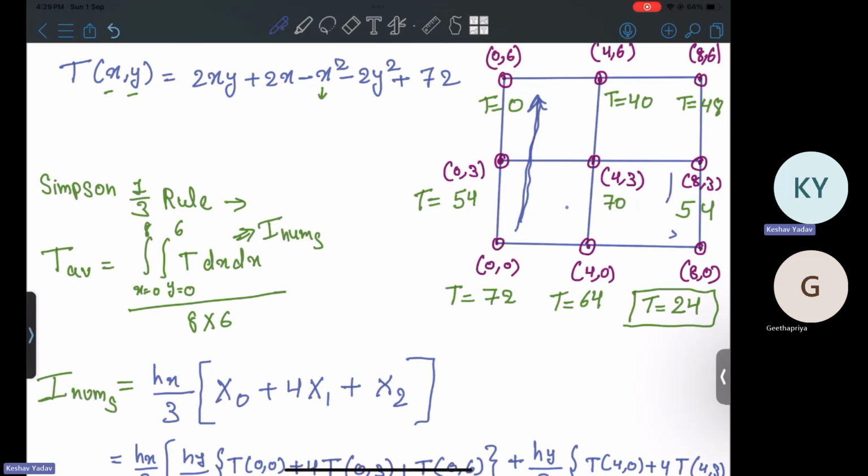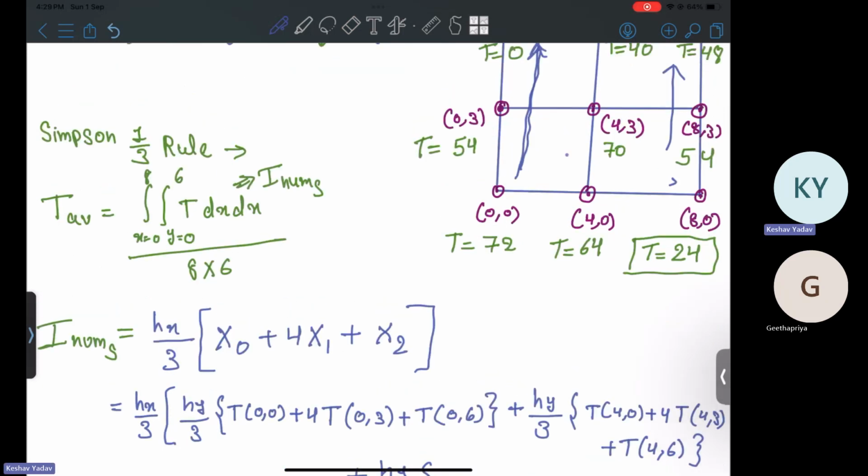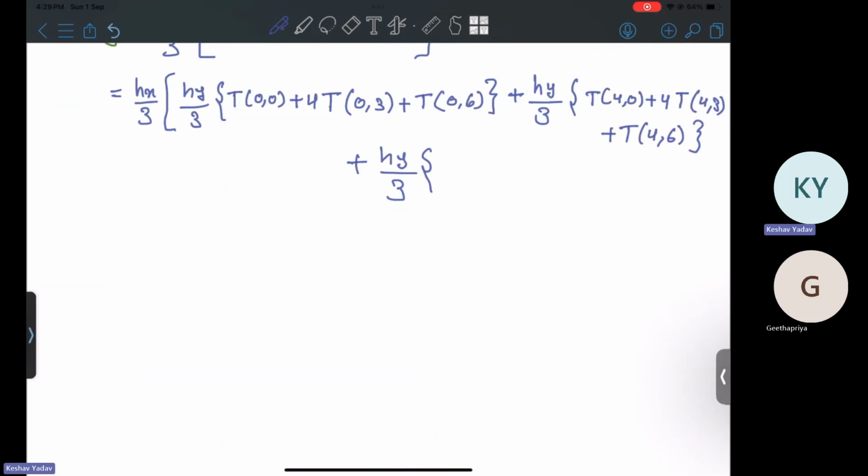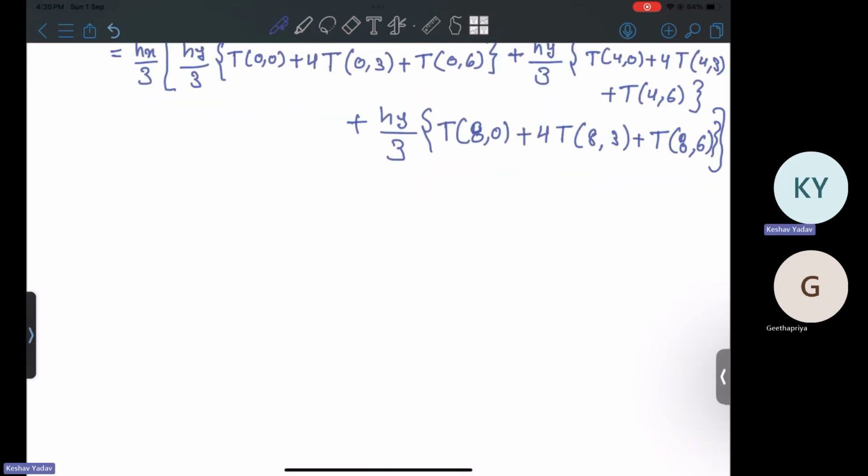The last column, or the vertical line, that will be equal to T(8,0) plus 4 times T(8,3) plus T(8,6). This is the formula we have got.